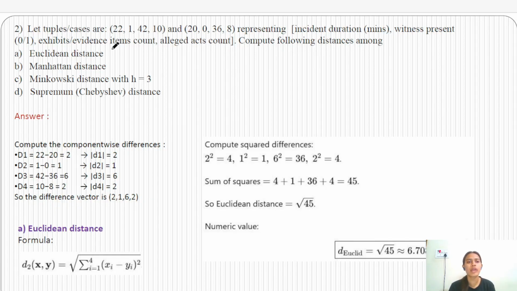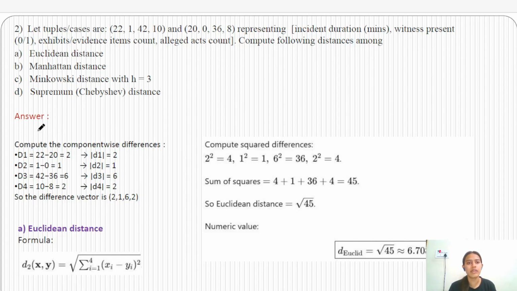We have to calculate the distance between these tuples using Euclidean, then Manhattan, then Minkowski, and then supremum distance. So first of all, we will compute the component-wise differences so that it will be easy at each step to calculate the distance using different methods, right?